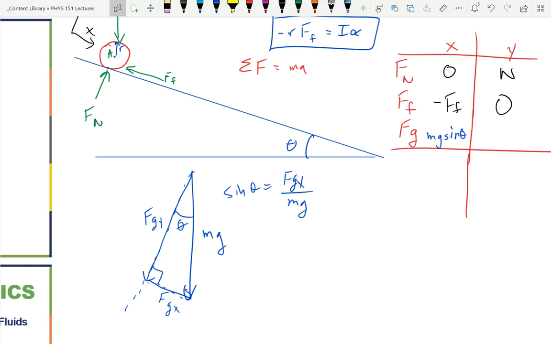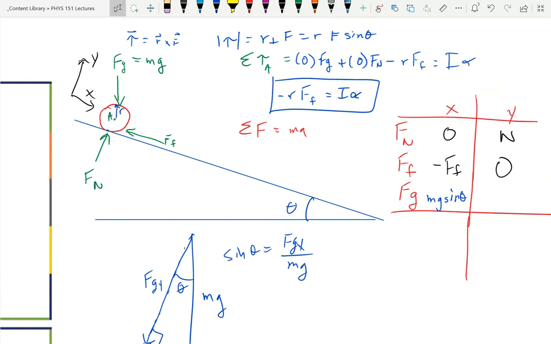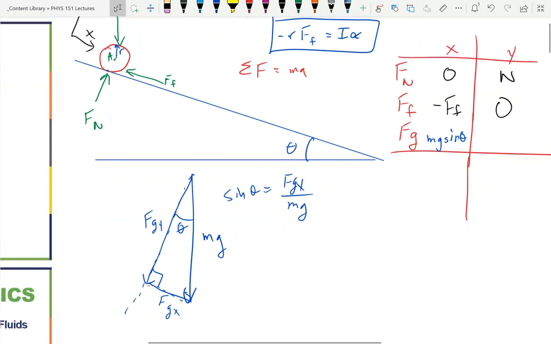What about the y component? Negative mg cosine theta. Negative because my arrow for FGY was down and to the left, whereas my arrow for y was up and to the right. And because it's the adjacent side, it's going to be mg cosine theta. Now what should we do now that we've broken into components? Sum of the forces.